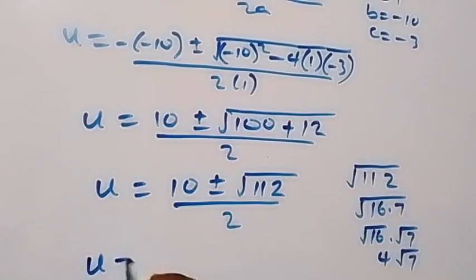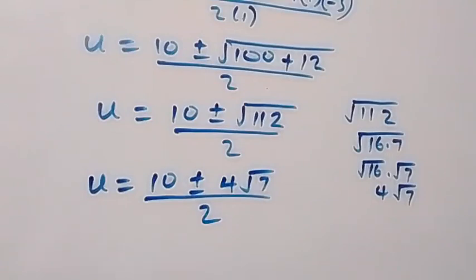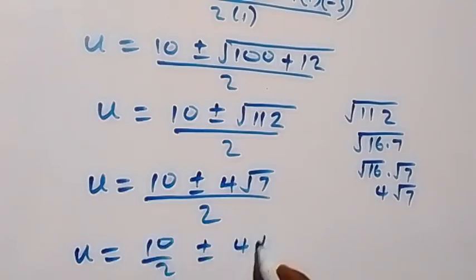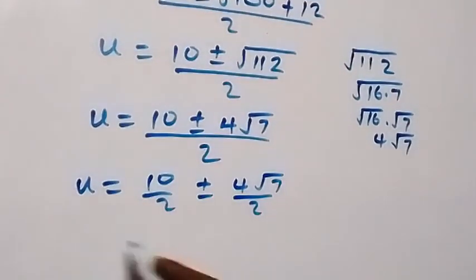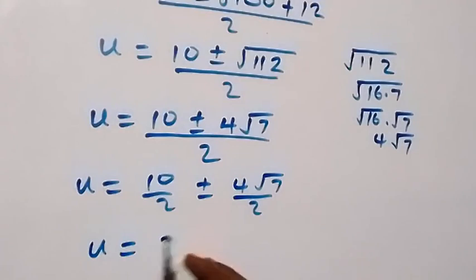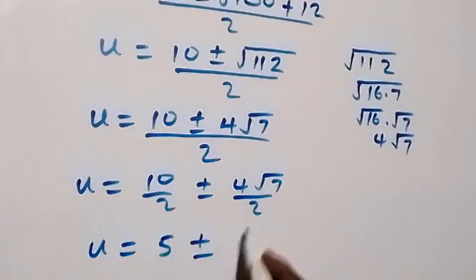So we have u now equals 10 plus or minus 4 root 7, then over 2. And from here, we can separate this into two fractions. That is u equals 10 over 2 plus or minus 4 root 7 over 2. Here, this reduces to u equals 5 plus or minus 2 root 7.